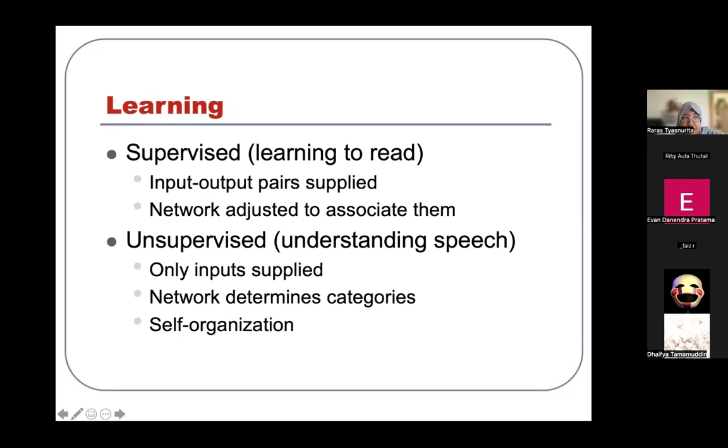There are two kinds of learning. This is why an artificial neural network is also a kind of machine learning, because basically we use it to learn from the data. How do we learn? There are two types: supervised or unsupervised. Supervised is like when we learn to read. You already know your output, which means you have someone or something to supervise you.